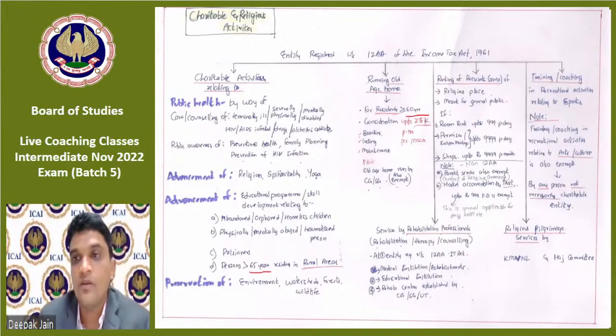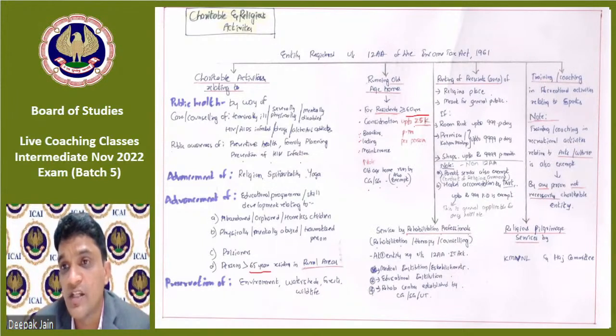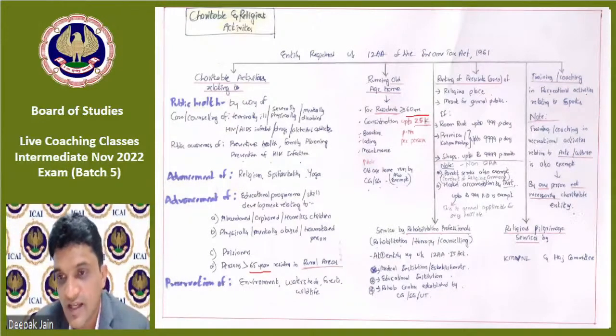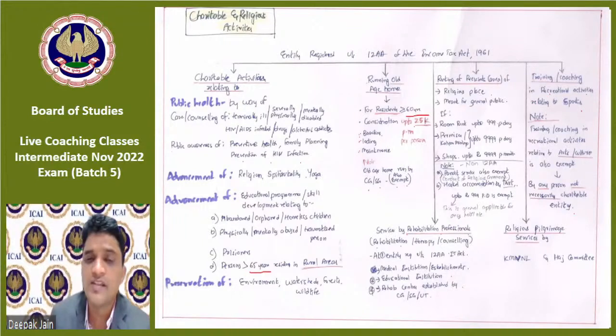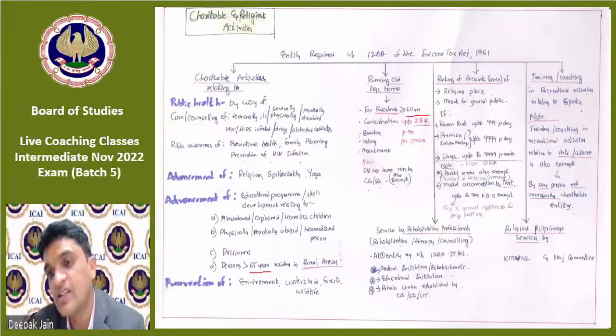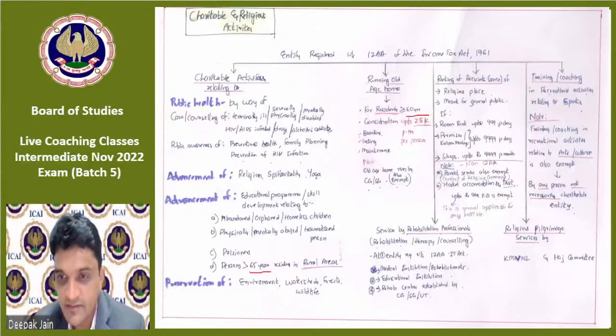Next is training or coaching. Training or coaching in recreational activities relating to sports, and training or coaching in recreational activities relating to arts or culture, is exempt when provided by any person, not necessarily a charitable organization. So what we saw is only sports is exempted if it is provided by 12AA. Arts and culture can be provided by any entity.